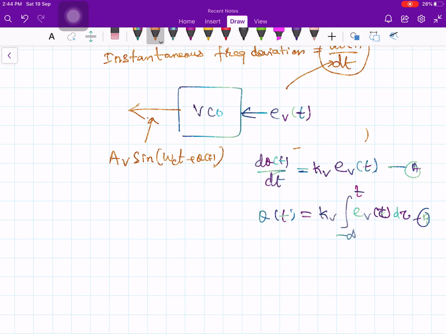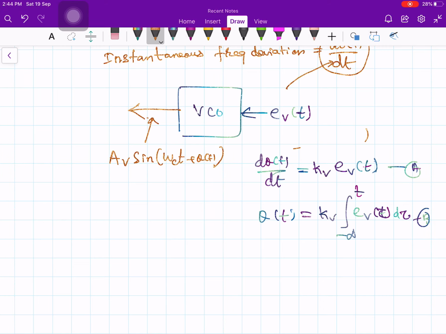Therefore, the instantaneous phase of my voltage controlled oscillator is governed by equation B. And this one is the standard FM equation, so really nothing special about it. And this kV here is the VCO constant, the voltage controlled oscillator constant, the proportionality constant.